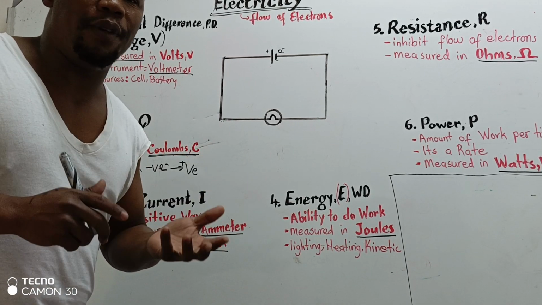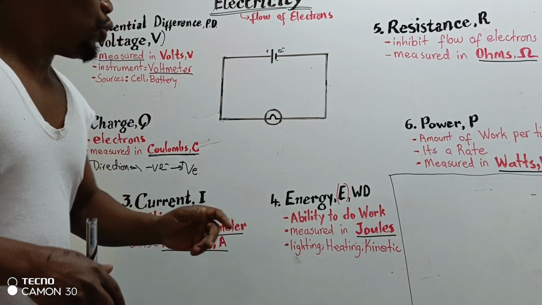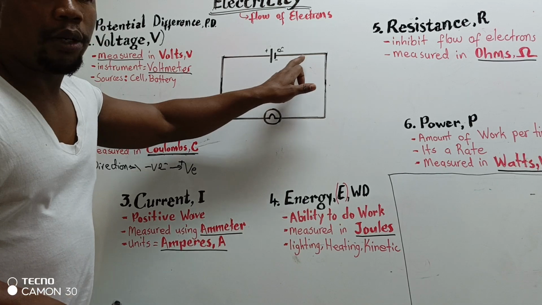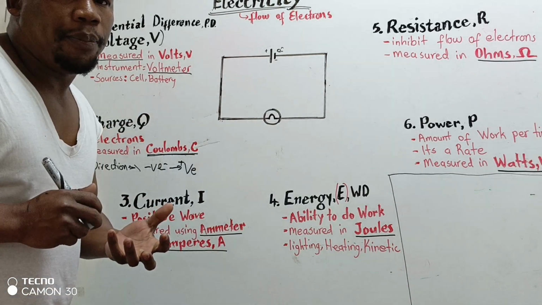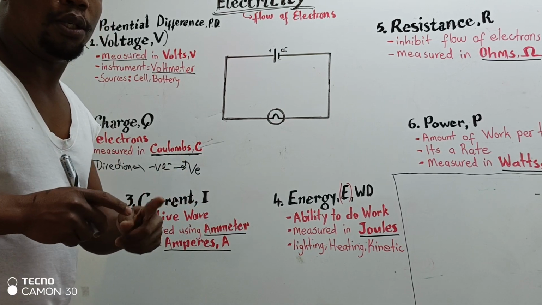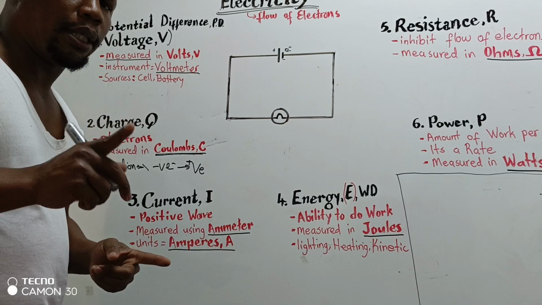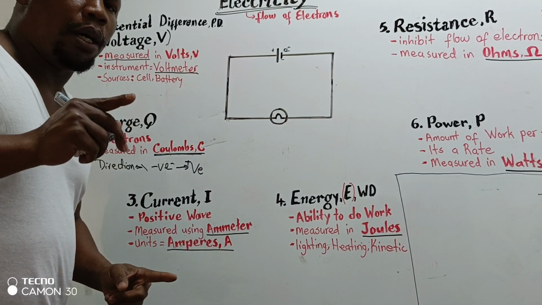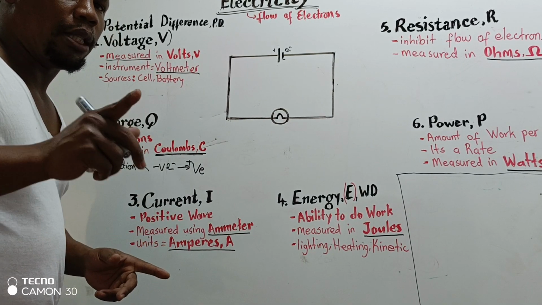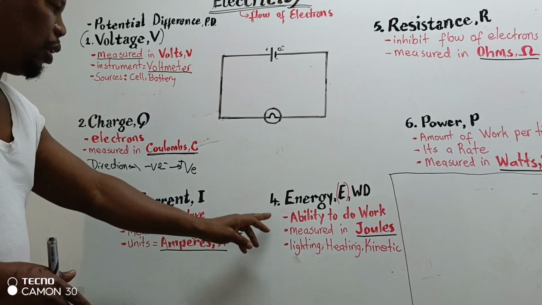A wave is like a shadow of energy conversion or of energy flow. So you have these electrons flowing around the circuit carrying energy, and a wave is produced by this flowing energy carried by electrons.